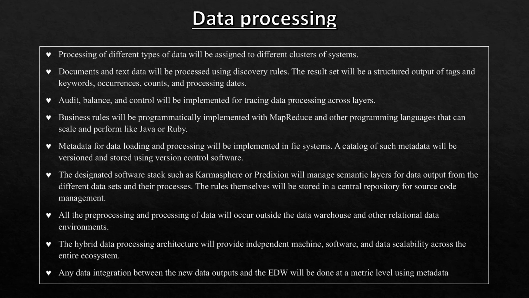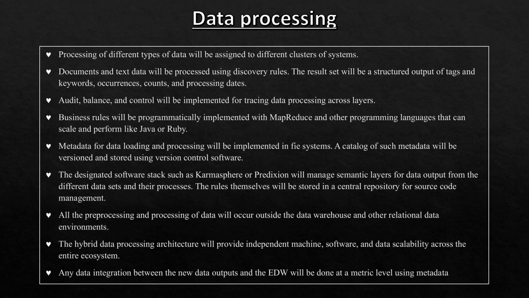The rules themselves will be stored in a central repository for source code management. Number 7, all the pre-processing and processing of data will occur outside the data warehouse. That means it cannot be done inside the data warehouse and other relational data environments.